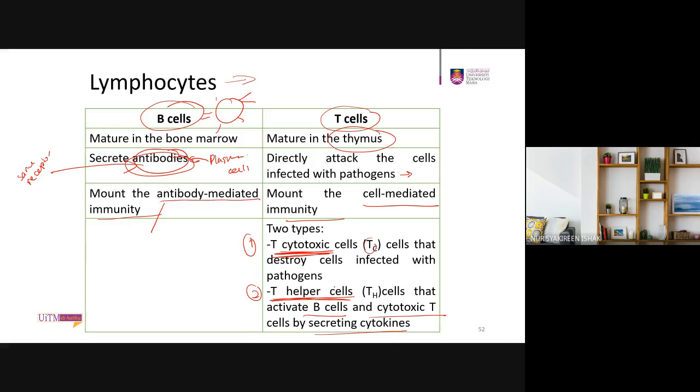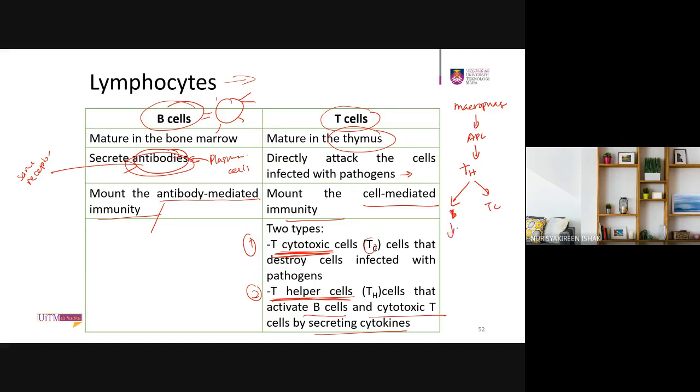So maksudnya kat sini daripada macrophage contohnya, macrophage, dia engulf pathogen jadi APC kan. Lepas tu daripada APC, APC will attract helper T cell. This helper T cell will activate both, okay, cytotoxic T cell and also B cell.